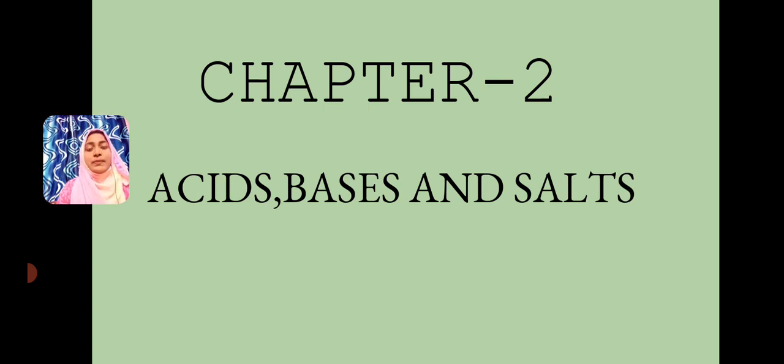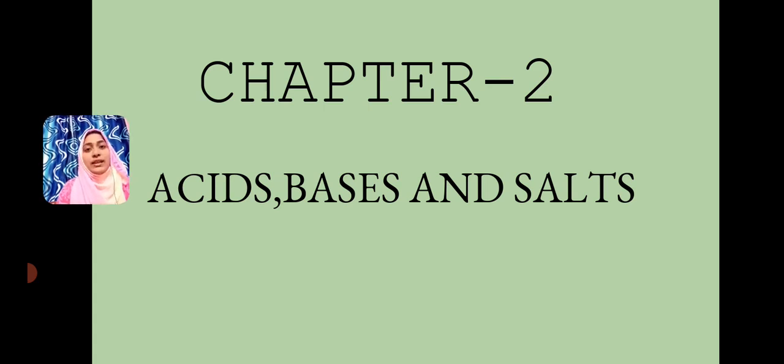Acids are subdivided into organic and inorganic acids. Organic things we can see in our daily life include fruits like grapes and orange.